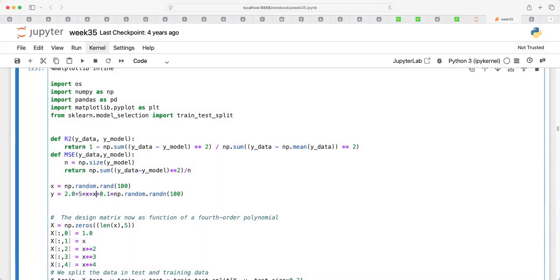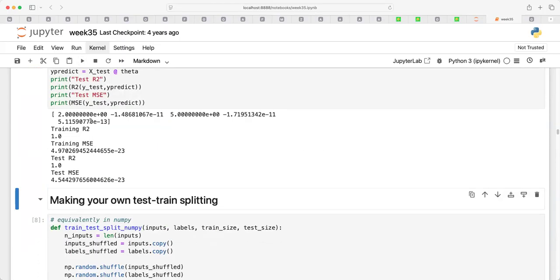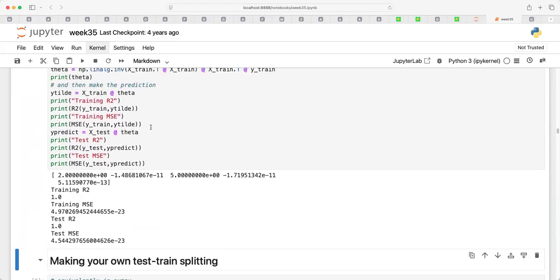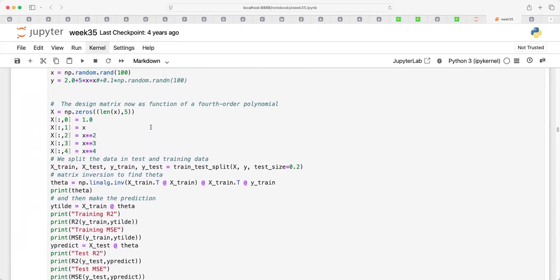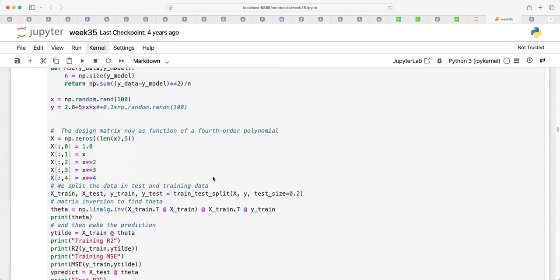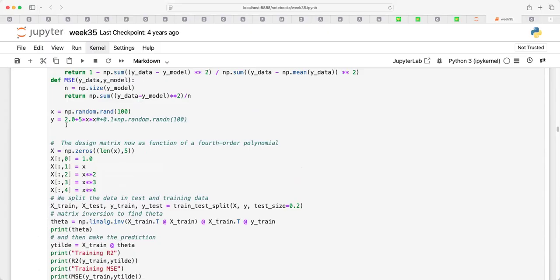But if we take out the noise, since we are fitting a fourth order polynomial, you will see that the coefficients for the first order, the third order and the fourth order are close to zero, but non-zero. The function which I'm feeding in should give me 2 and 5.